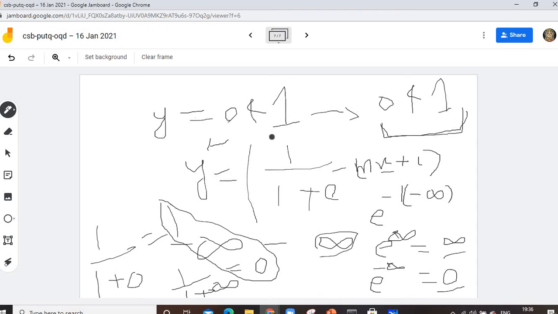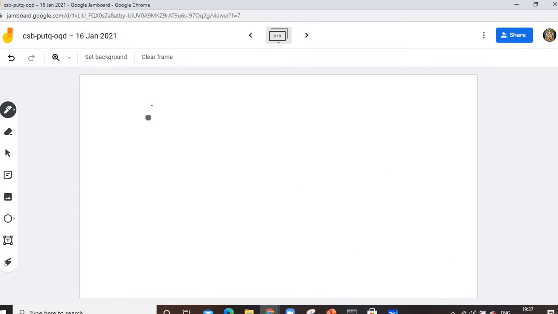If we calculate this way, 1 divided by 1 plus infinity, or 1 divided by 1 plus 0, the figure will lie between 1 and 0. This is the reason sigmoid always gives a value between 0 and 1. It will be not less than 0, not greater than 1. Understand or not?